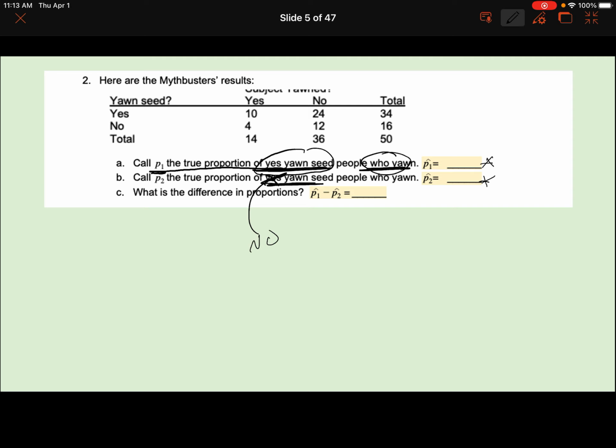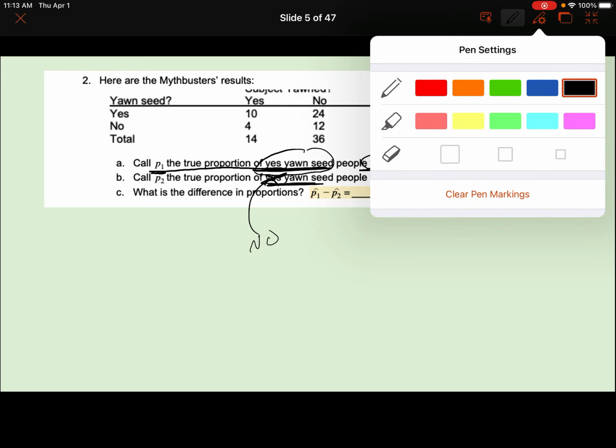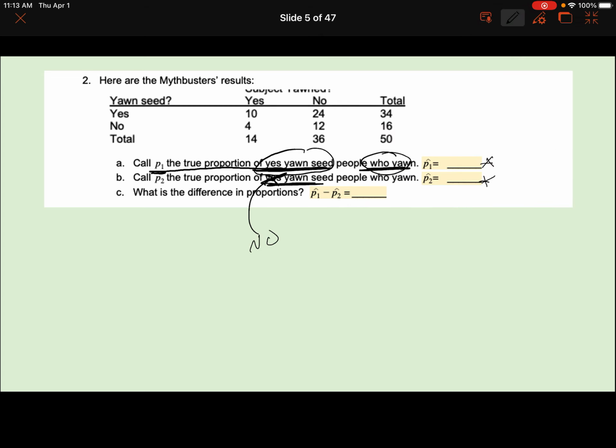All right. So the proportion for P hat sub 1 is going to be how many people yawned out of the people who got the yawn seed. So I'm going to look for 10 out of 34, which is 0.29.